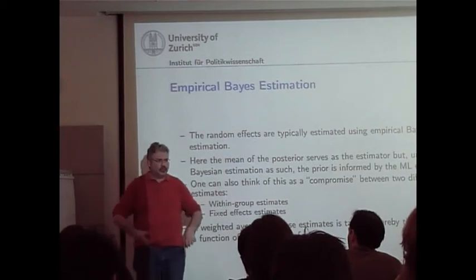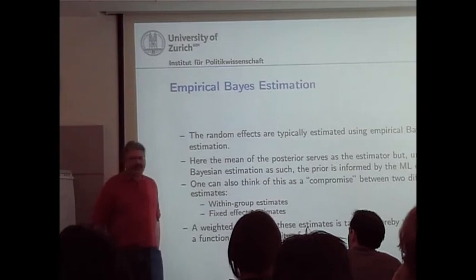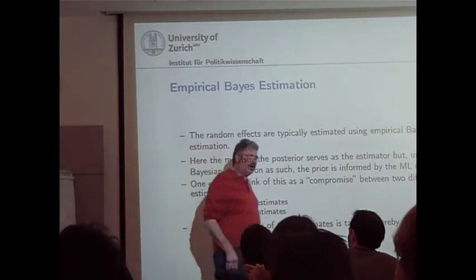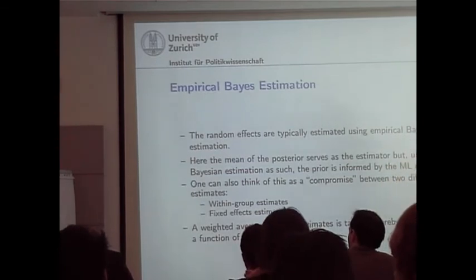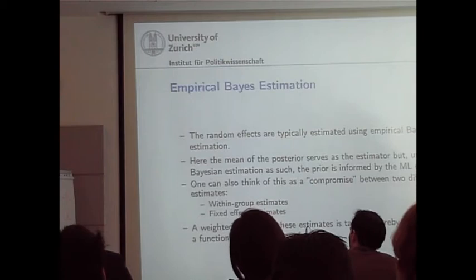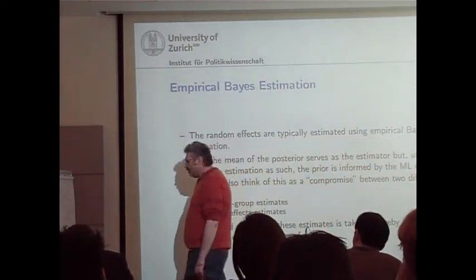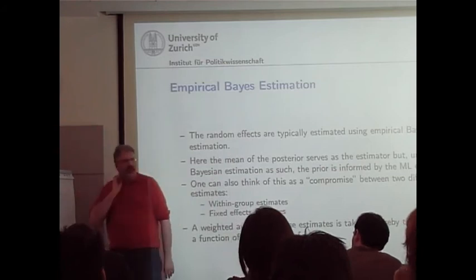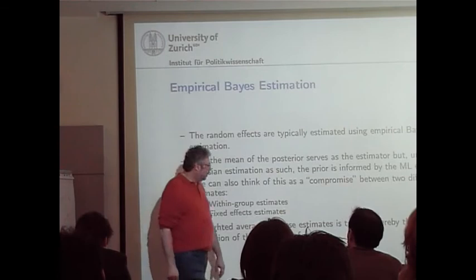Let's just combine the two. And not just combine them in the sense of let's average them out, because that doesn't seem right. What we do is we average them, but we use a weighted average, because we're going to give the biggest weight to whichever of these is more precise. That's the idea.